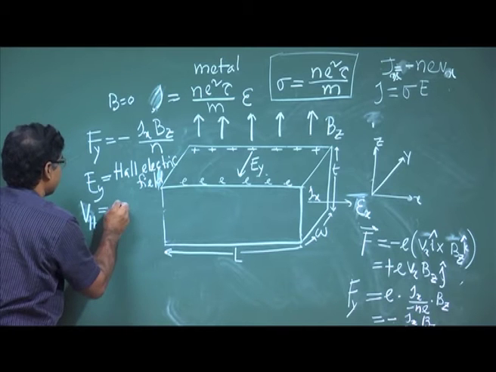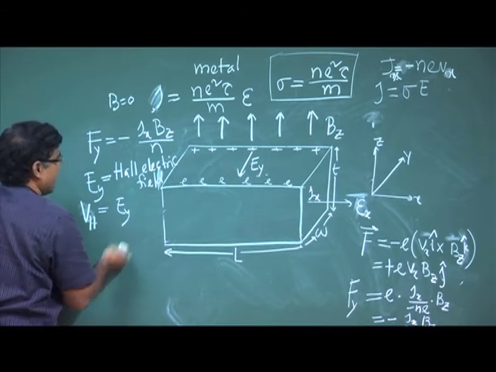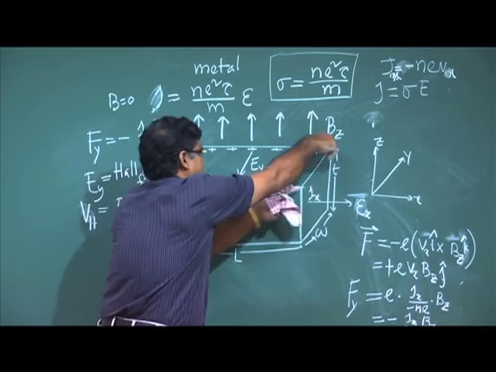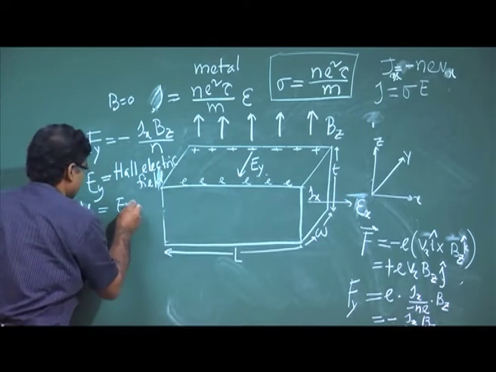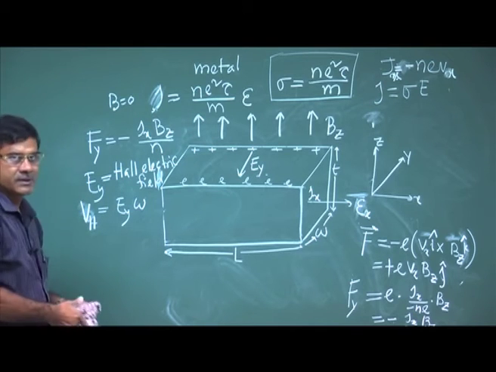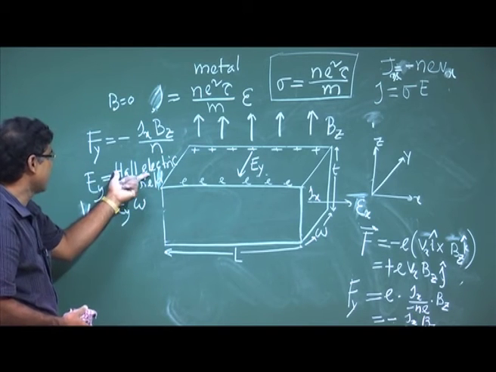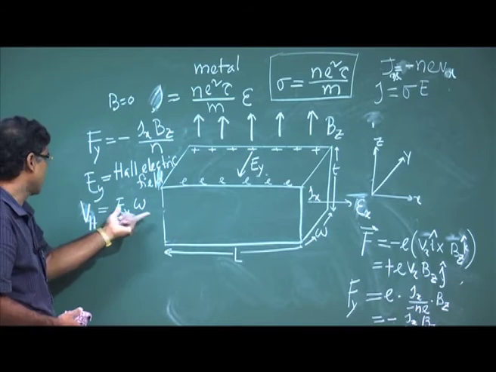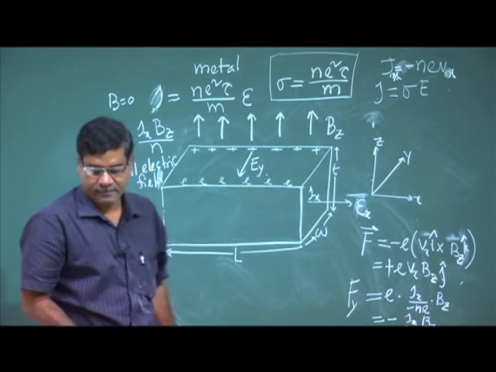So, V_H equal to basically E_y and this separation, right. So, this is W, this is W. So, E_y W will be the voltage corresponding to this Hall electric field. So, this is called Hall voltage, right.